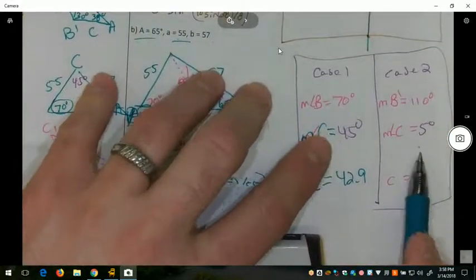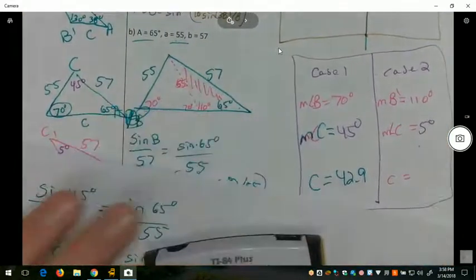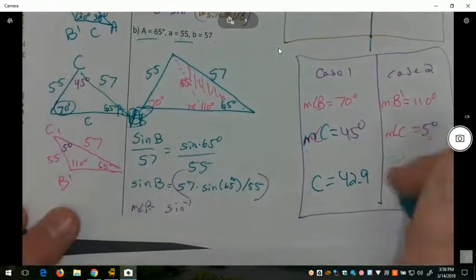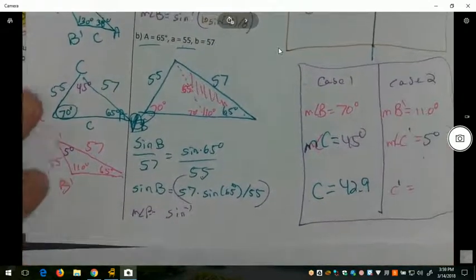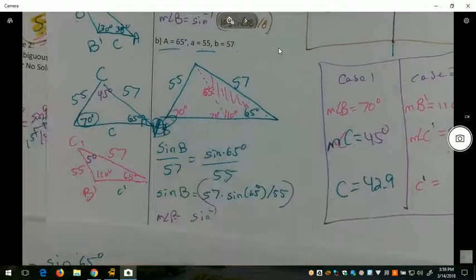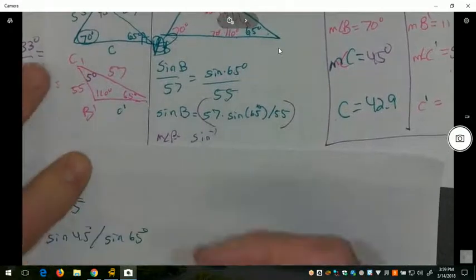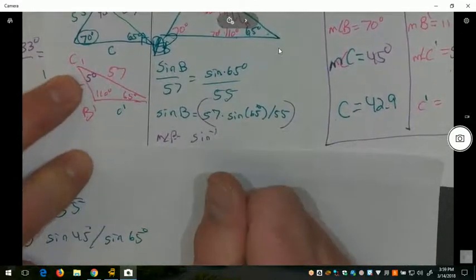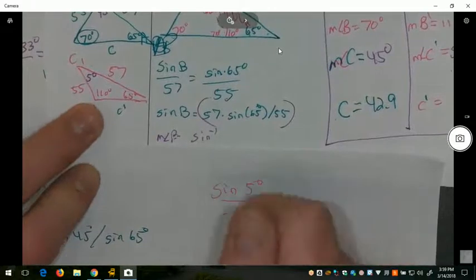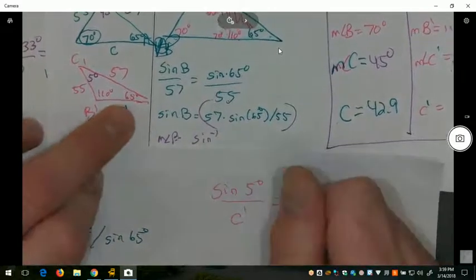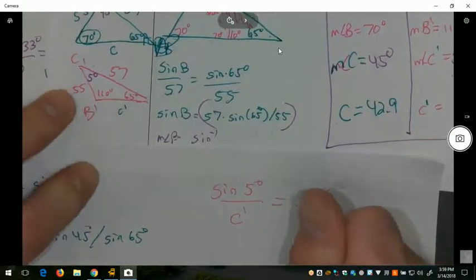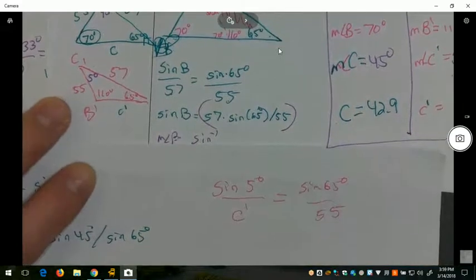Look, angle C prime was smaller than angle C, so I'm going to see side C prime being smaller than side C. So here's side C prime on our pink triangle. On our pink triangle, we've got to go through the same steps now that we know what C prime is. Sine of 5 degrees over side C prime equals sine of 65 degrees over 55, the opposite side.